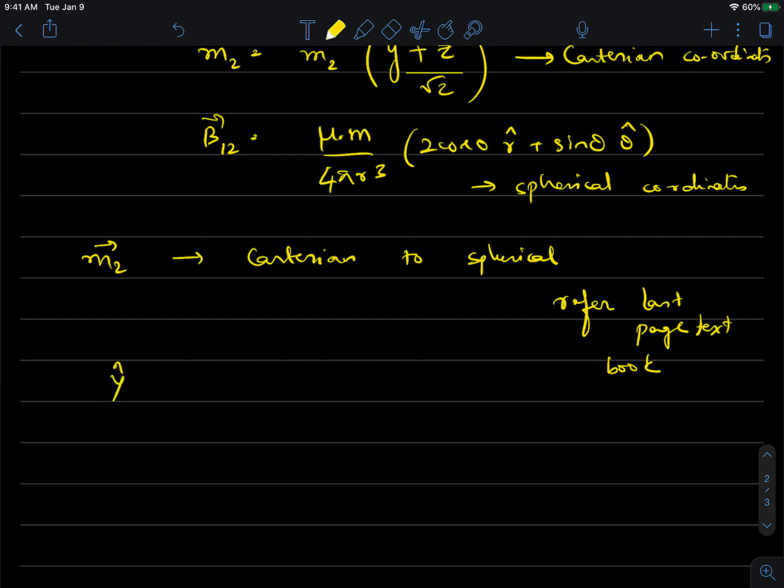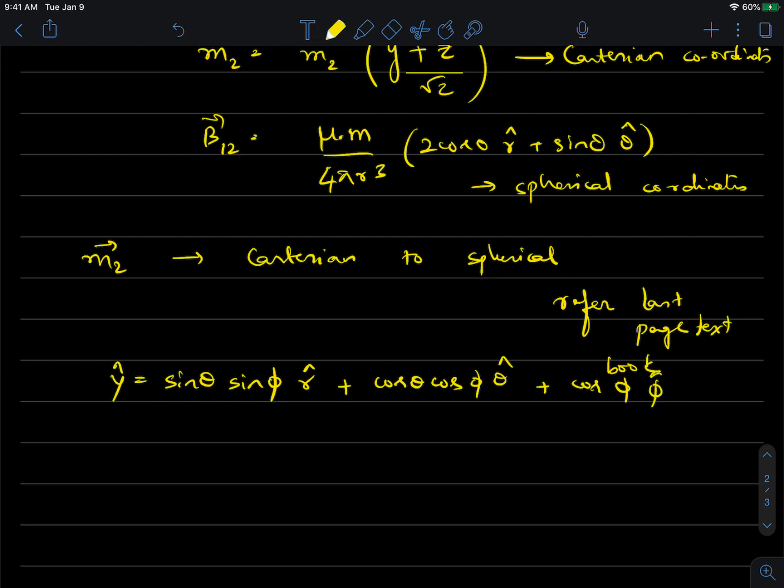So y cap is equal to sin theta sin phi r cap plus cos theta cos phi theta cap plus cos phi phi cap.